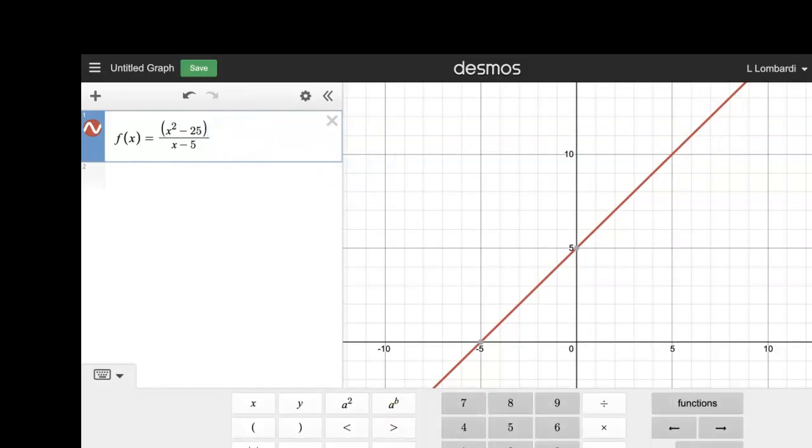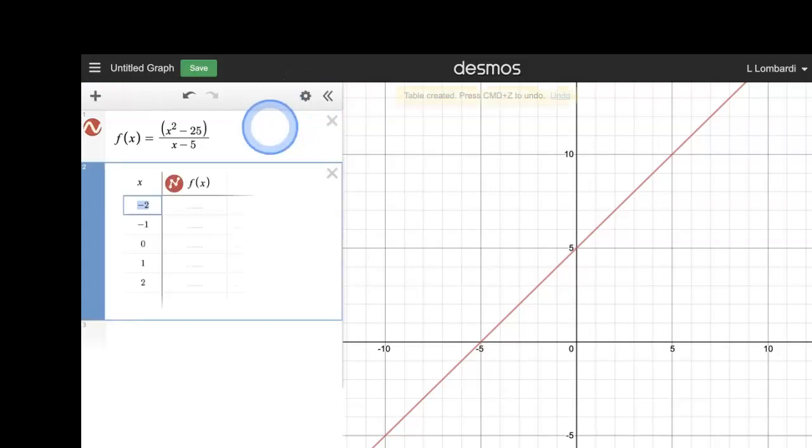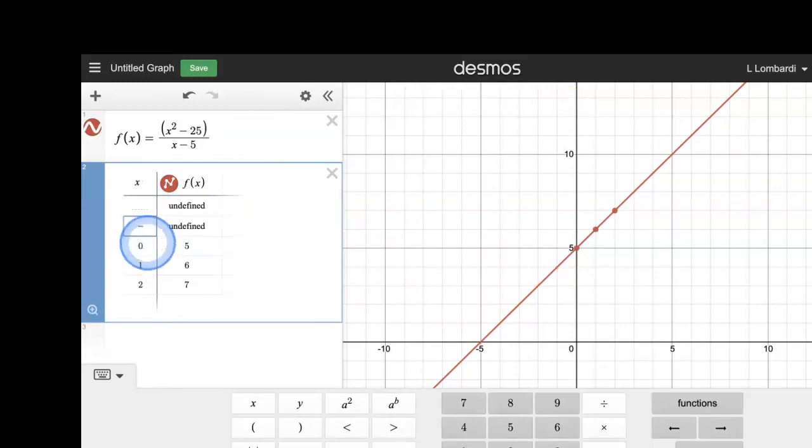What if in a problem you were asked to use a table and you had to justify your answers by showing the table? So what you can do if you're using Desmos is click the gear and select table, convert to table, and now you can enter values in there. And there's already going to be values there, but you can delete them and just enter the ones you want.